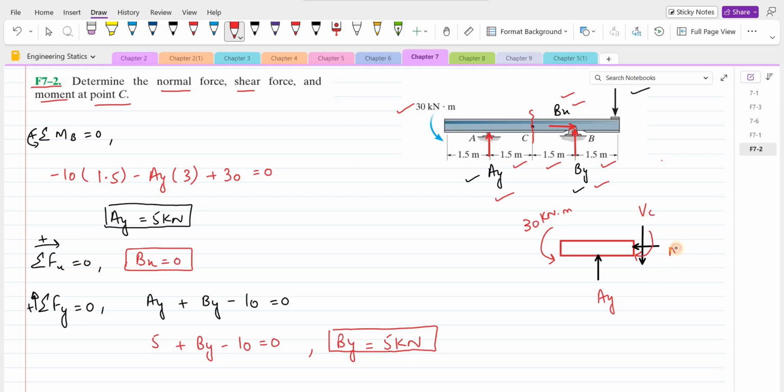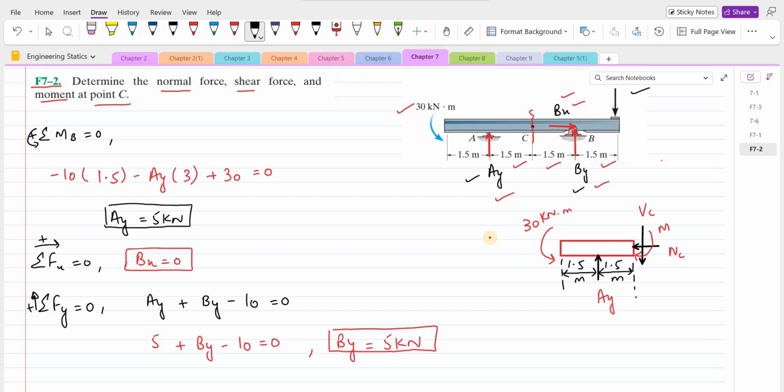This is the normal force Nc. And let's say the internal moment is M. And these distances are 1.5 meters each. So this is our free body diagram of the left hand section through point C.